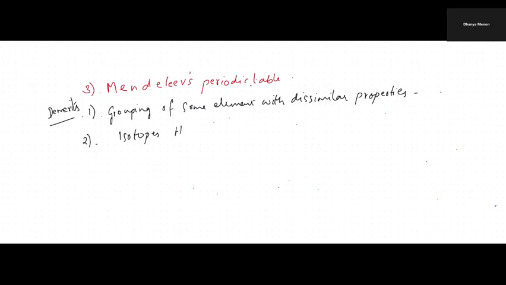According to his rule, they should have taken different positions, but they were placed together in the same position. Some of these demerits made the scientists work on the modern periodic table.